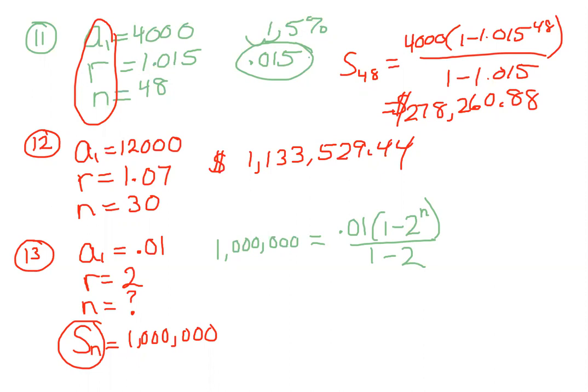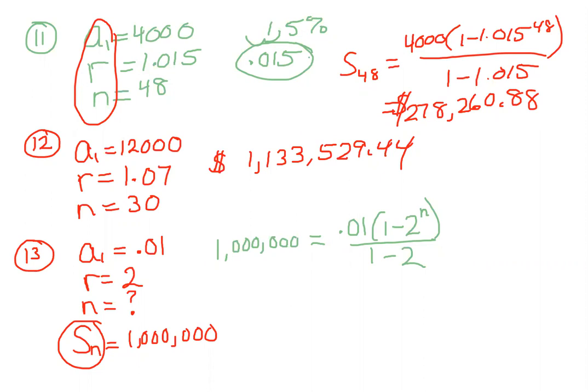I think that she did it wrong in there. I think that is wrong. Okay, so I'm going to solve it here. Let me make sure I'm doing this right.